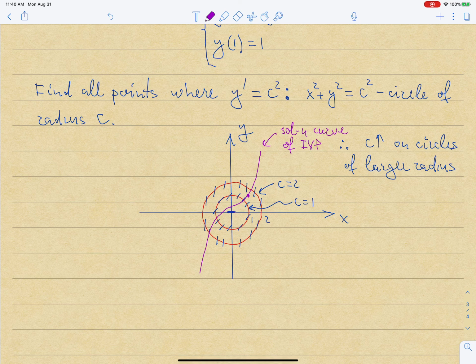Okay, so in this case, I don't really know exactly what the equation of that curve is, but I do know that the solution curve must look like this.